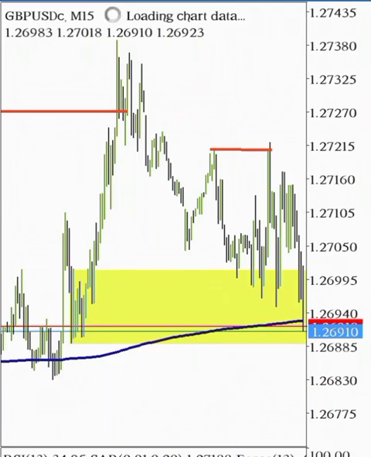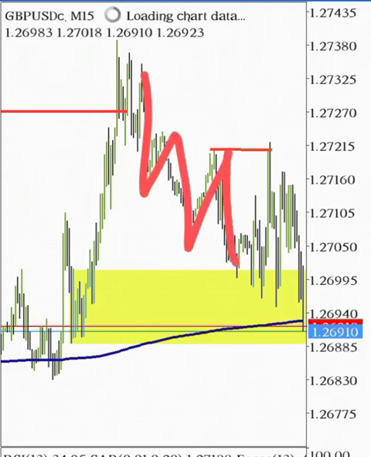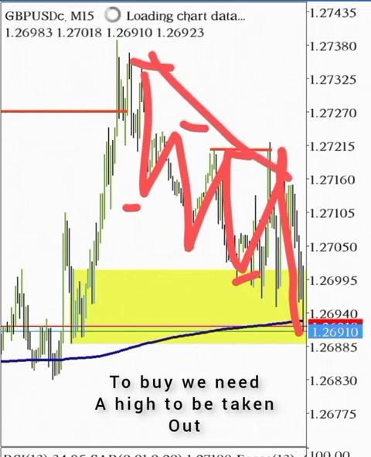Look at the movement of the candles. You can see how these candles are moving. We have a high, we have a low, we have a high, we have a low, we have a high, we have a low. So a kind of descending. That means the market is reversing down against our blueberry direction, which is up.